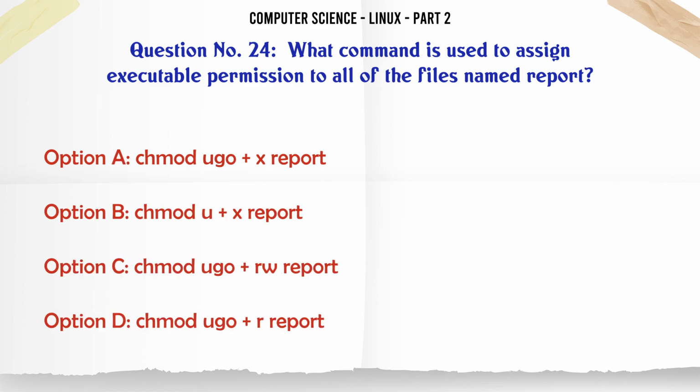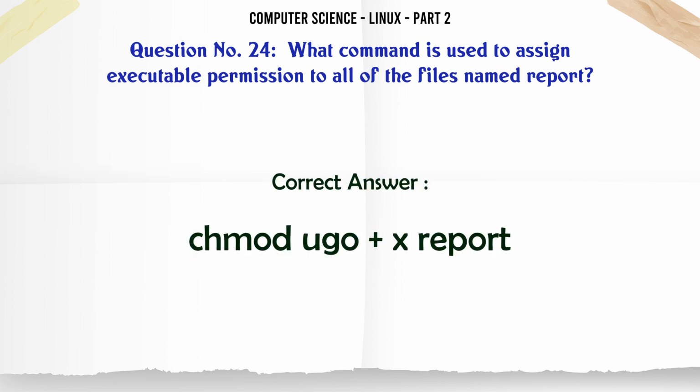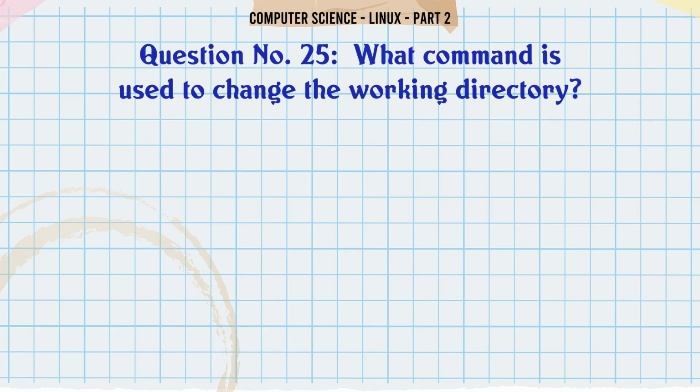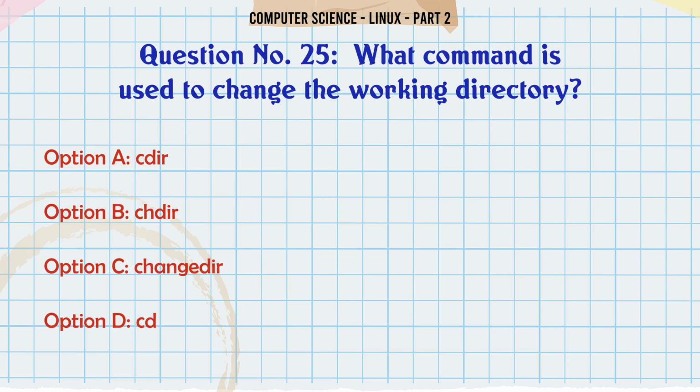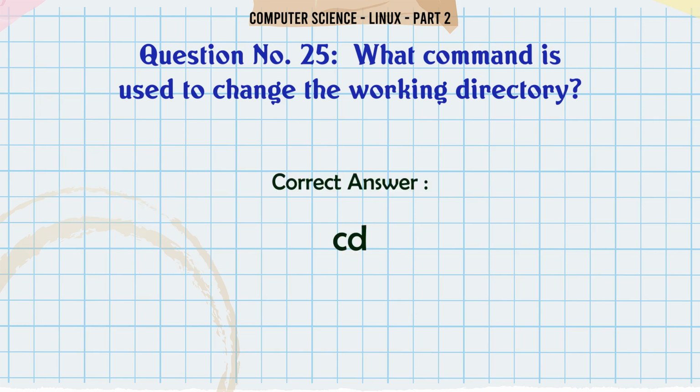A. chmod ugo+x report, B. chmod u+x report, C. chmod ugo+rw report, D. chmod ugo+r report. The correct answer is chmod ugo+x report. What command is used to change the working directory? A. cdir, B. chdir, C. changedir, D. cd. The correct answer is cd.